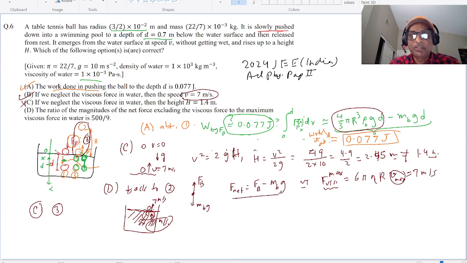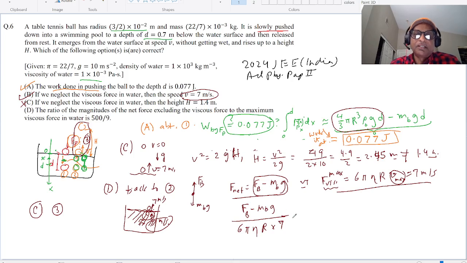So if we compare this to that, now we get the numerical value. So FB minus mbg over 6 pi eta r times 7.